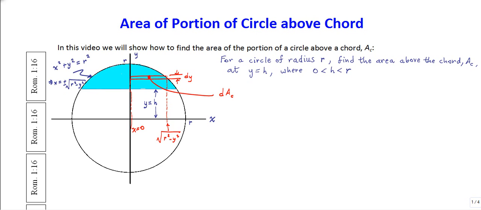Okay, so in fact the differential area of that rectangle is nothing other than this dimension minus this dimension. That gives me the length, so that's going to be root r squared minus y squared minus the 0 times the height of that, which is dy.